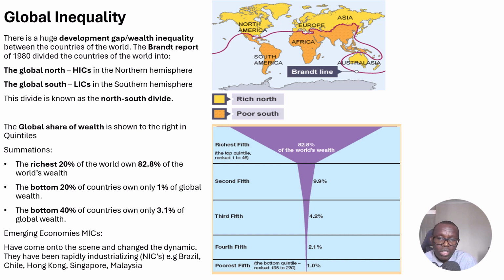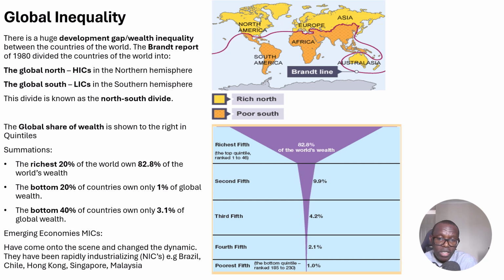Now, we can also see from the map that there's one country that does not quite fit into this category locationally. So it's an anomaly here because locationally Australia is in the southern hemisphere but is considered to be a wealthy country.